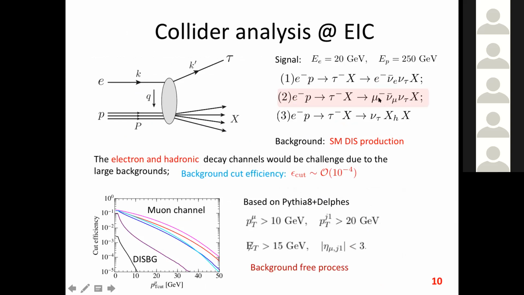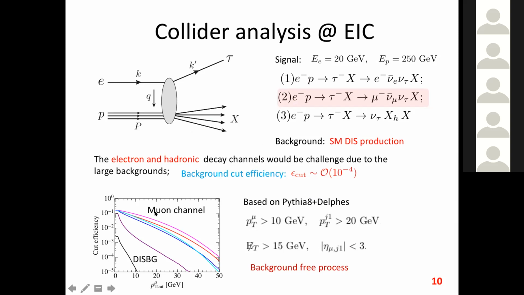But for the electron and the hadronic decay channels, after we include some kinematic cuts for the PT and missing energy, the background is still very large. The cut efficiency typically is 10⁻⁴, but it's not enough to suppress the background compared to the signal.